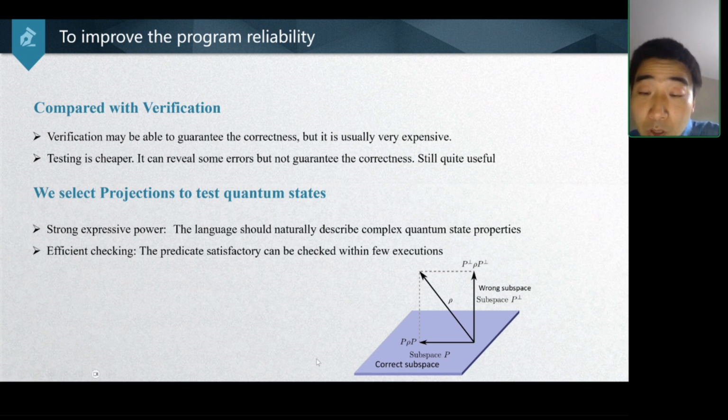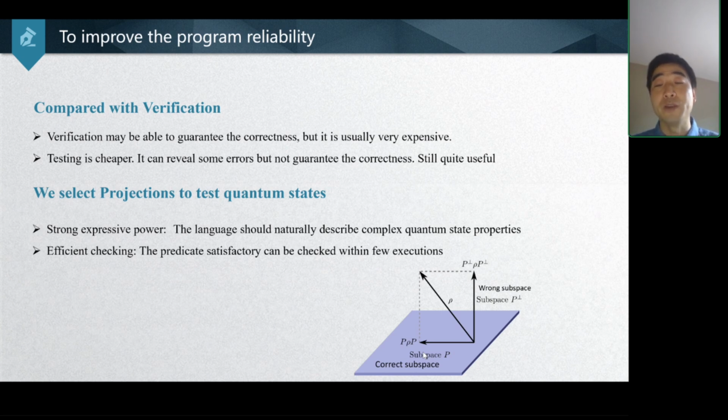So you can see this diagram. Suppose your state is at rho, and your correct subspace is at P. And if we perform a measurement, in the sense of testing, we run it on a quantum machine, in case we obtain result P, that is in the correct subspace, right?